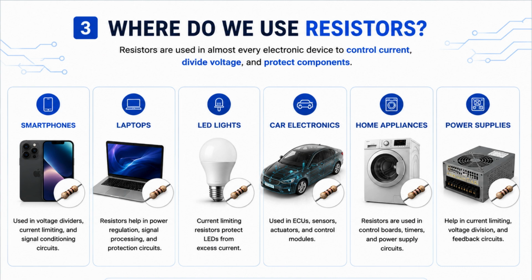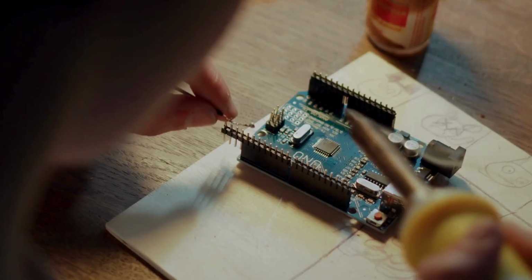In lighting systems, resistors are used to limit the current flowing through LEDs. In power supplies, they help regulate voltage and improve circuit performance. In electric vehicles, thousands of resistors are integrated into control units and battery management systems. Although they are small and simple components, resistors are essential building blocks of modern technology, making our everyday electronic devices safe, reliable, and efficient.